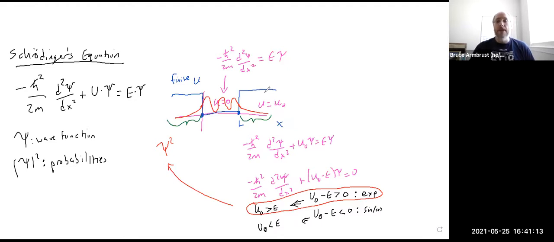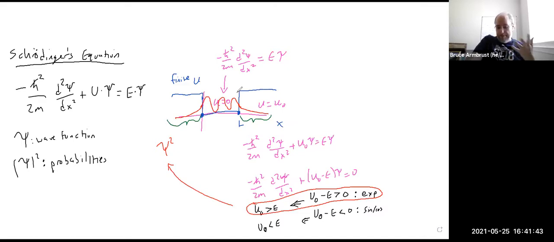And obviously, it depends how close your E is to your U naught. The closer you are to U naught, the more likely that is to happen, the higher these exponential things get. Again, that should make sense. If you're on the verge of having enough energy to get out, you should definitely be more likely to get out than if you're far away.